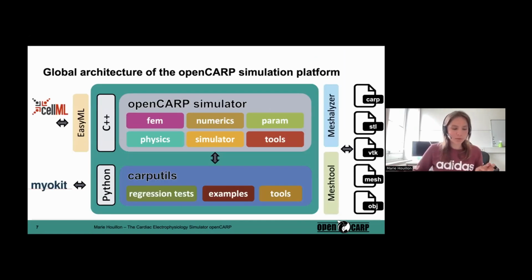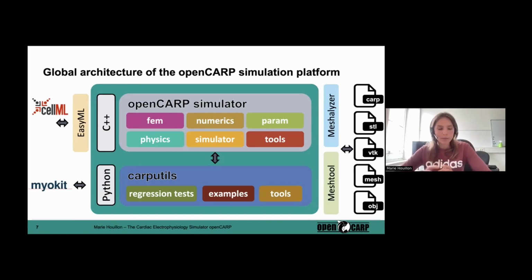I don't have time to expand on the whole software architecture here, but here is a picture to get a whole picture of it. What we can see in particular is that openCARP interoperates with various standard formats like CellML to import cellular models. It also interoperates with MyoKit, a Python software package that is used for the analysis of cardiac myocytes.